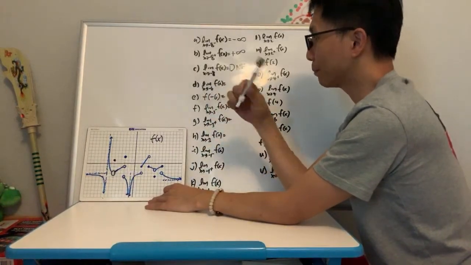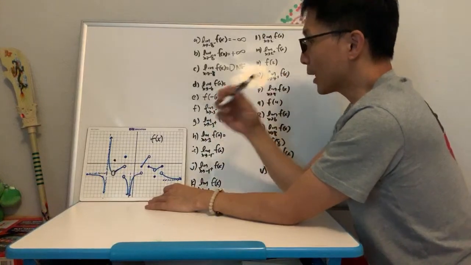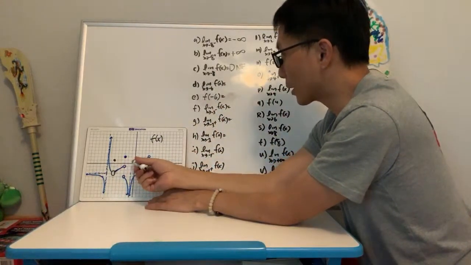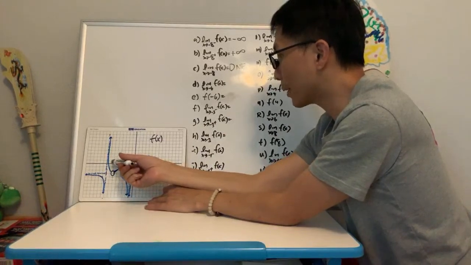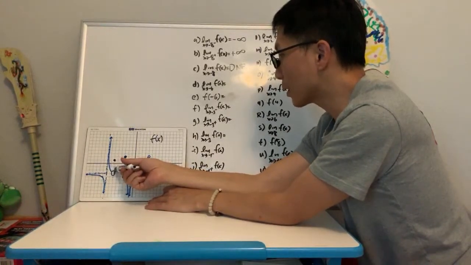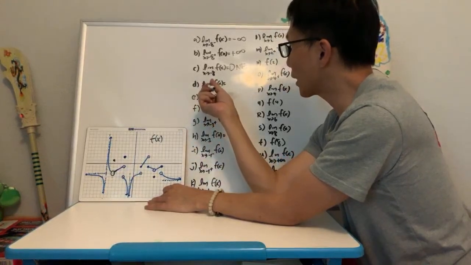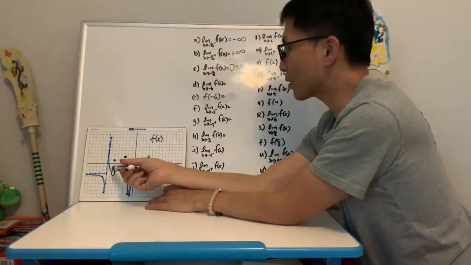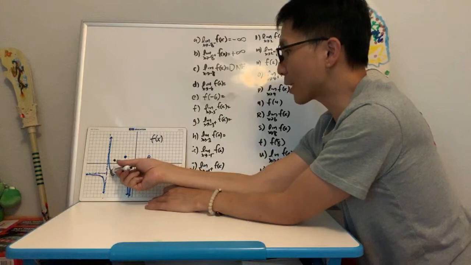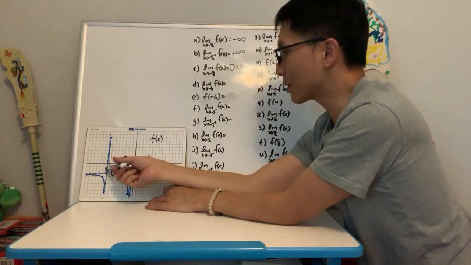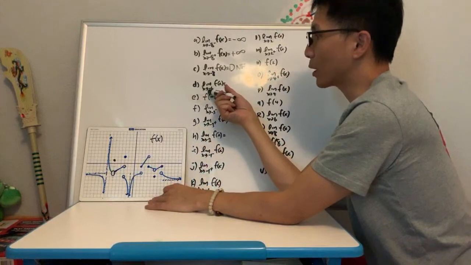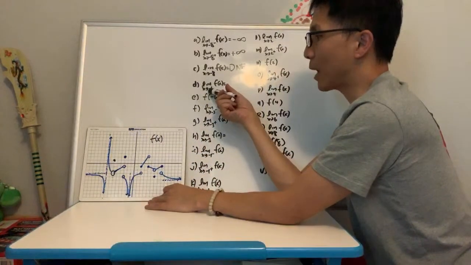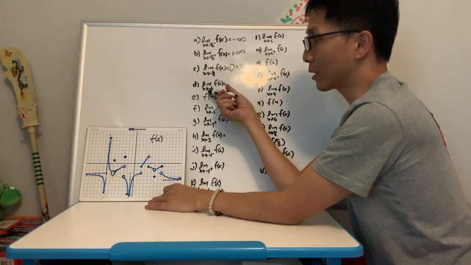What happened? In this case, at -6, I'm going to count 1, 2, 3, 4, 5, 6. If you're checking x approaching -6, that means you have to check from the positive side and from the negative side, because they didn't address whether they want to approach -6 from the positive side or the negative side.